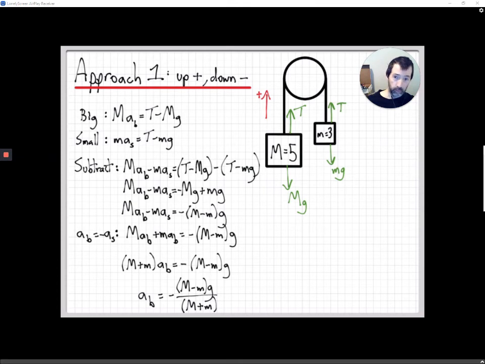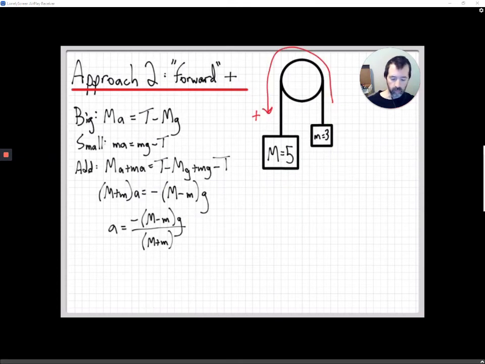Okay, approach number 2. This time, instead of up positive and down negative, I have a single unified positive direction, which I'm calling forward in my description here. Basically, if you know the direction of motion of a thing, it's often easiest if you choose the direction of the acceleration to be your positive direction.